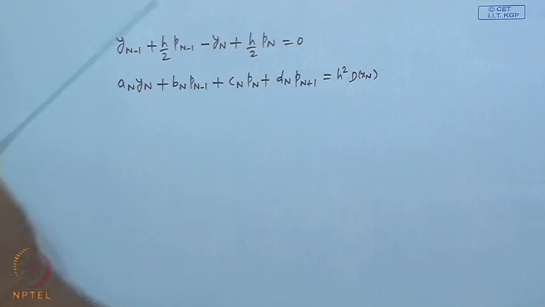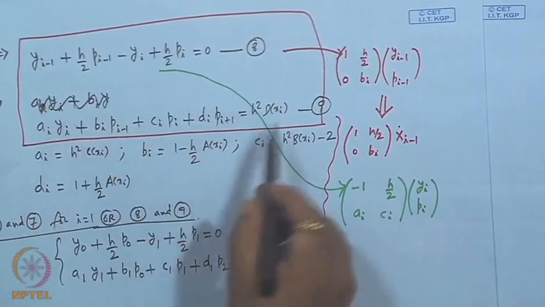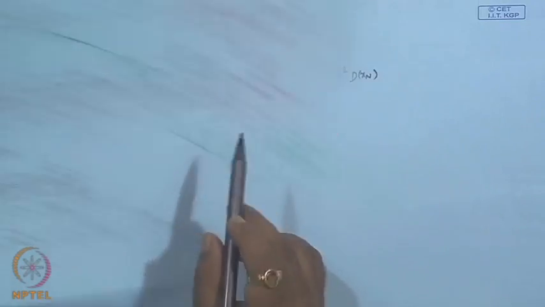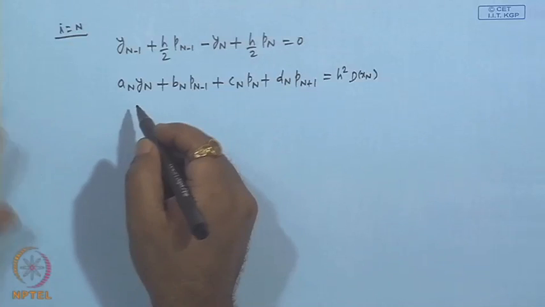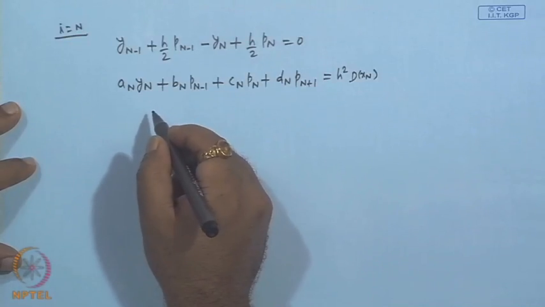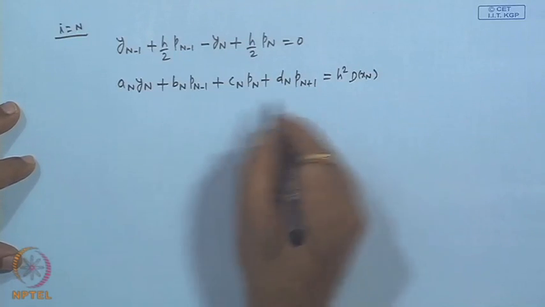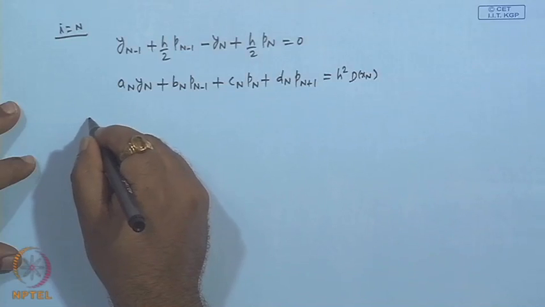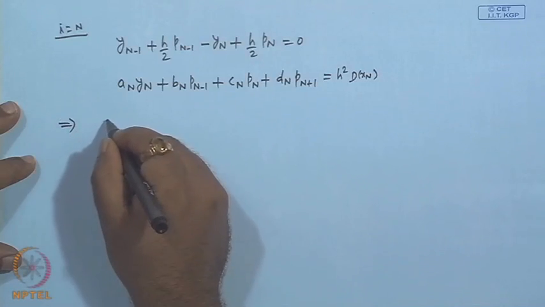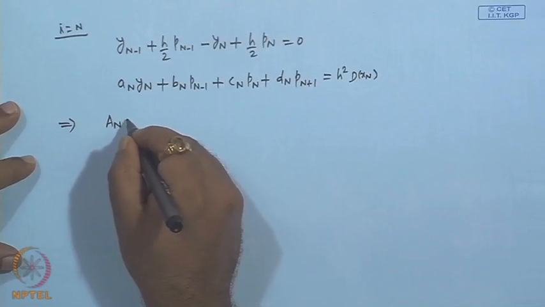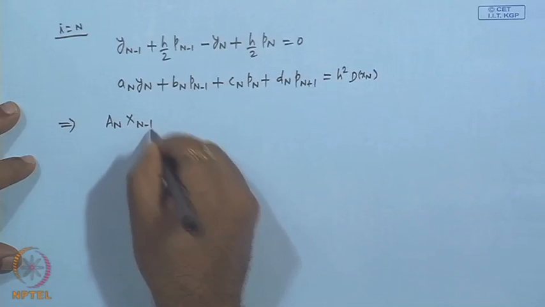Of course, from here. Okay. So, the matrix, okay, this can be put as a n x n minus 1.